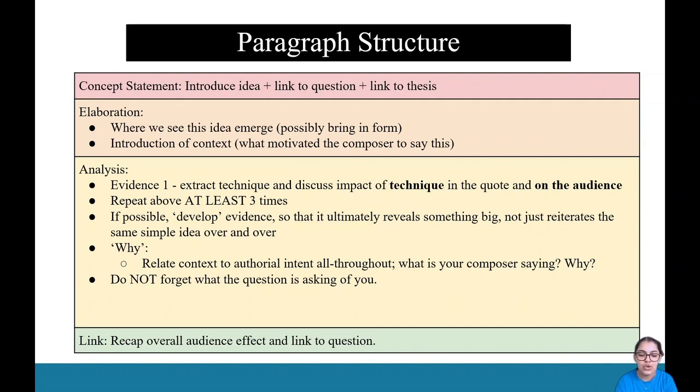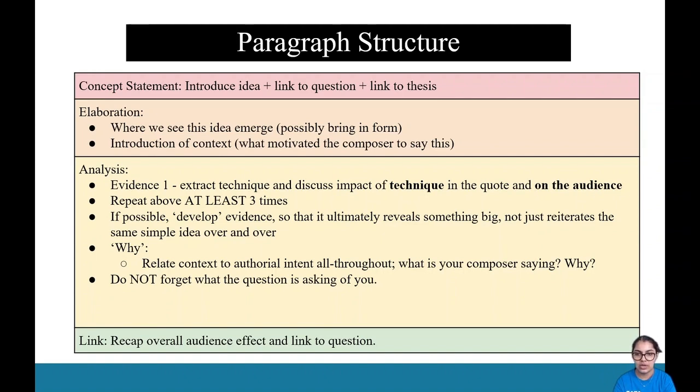They can't know what you are trying to achieve. So in your head, it may make sense, but in your actual essay, it may not be coming through. So you need to make that link really, really clear.